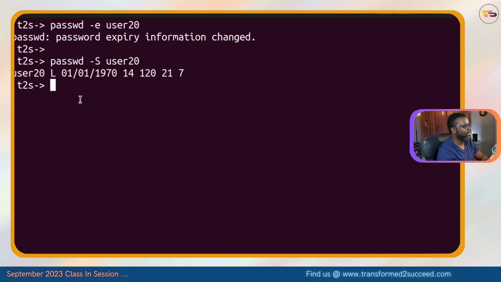So that's pretty much how we can set and verify password aging with the passwd command. If we go back to our plan, our different tasks, we have now resolved the task on how to set and verify aging with the passwd command.